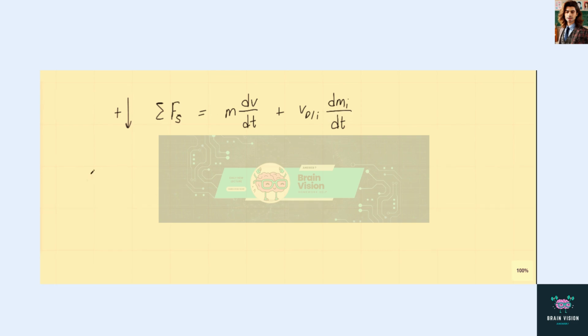Now at a given time t, the mass m is equal to the mass per unit length times the vertical distance y, the distance that the rope has fallen.